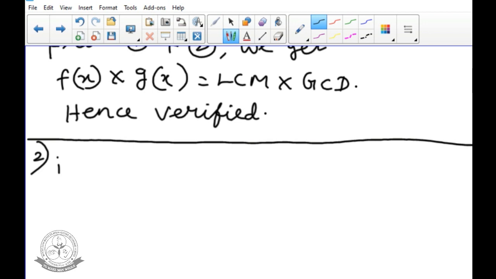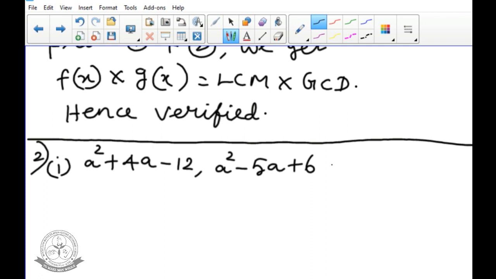The second sum, the first subdivision: given a squared plus 4a minus 12 comma a squared minus 5a plus 6, whose GCD is a minus 2. This is the given question. Whose GCD means a minus 2 is the GCD.